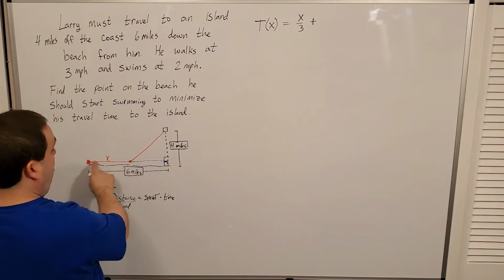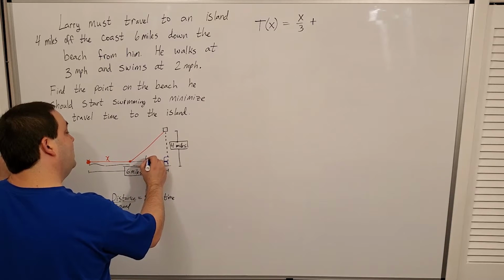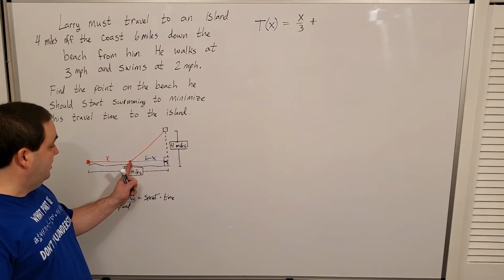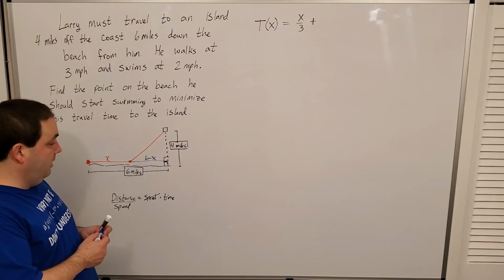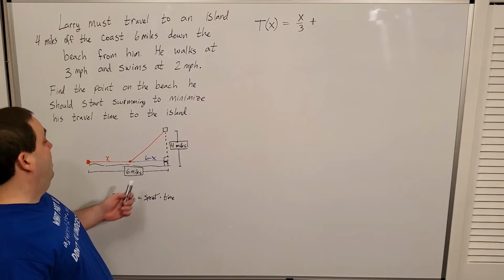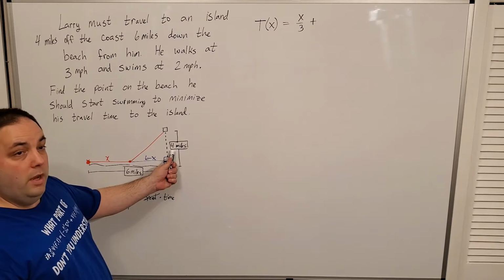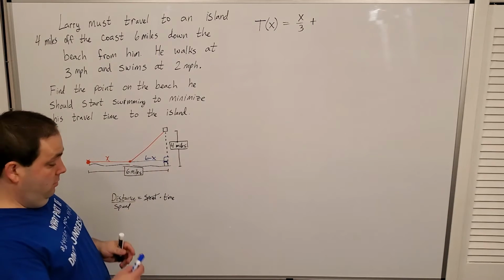And I know that this whole length here was supposed to be 6, so then this is 6 take away whatever x I've already walked. That would be the distance from this point out to the perpendicular line. Okay? So therefore, (6 minus x) squared plus 4 squared should equal this leg over here squared, right?